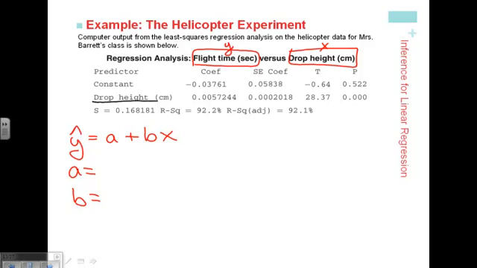We see this thing called drop height, and we see this column called coefficient. The intersection of the column coefficient and drop height is the coefficient on drop height. But drop height was X. The coefficient on X, the number that we multiply by X, is just a fancy way of saying the slope. So from this output, you should be able to say, oh, I can see that the slope is this really long number, 0.0052, blah, blah, blah.